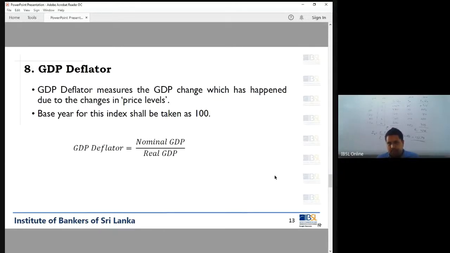I repeat, it measures the GDP change which has happened due to the change in the price levels. So even for the GDP deflator, let's say we take the base year as 100. So from that 100 point of view, we could do a computation and calculate the GDP deflator for a particular year.